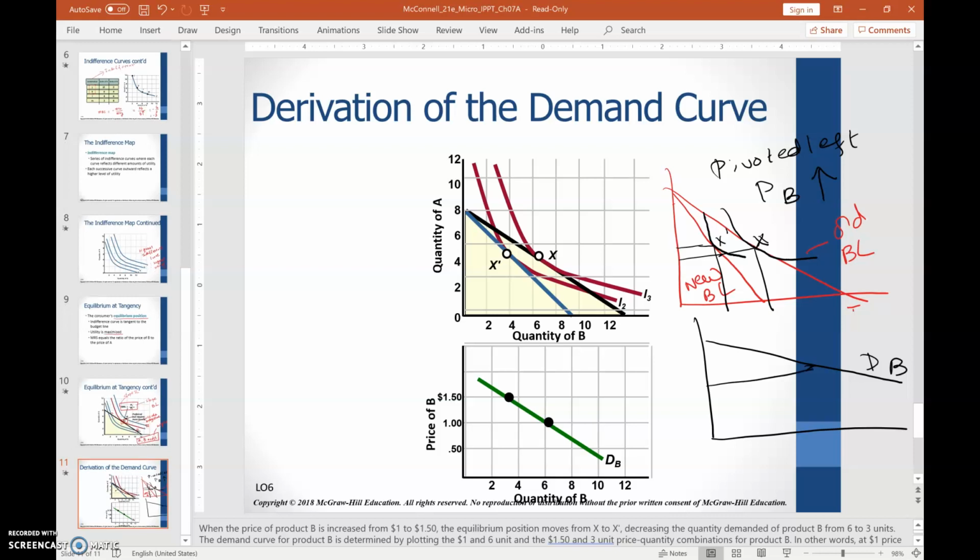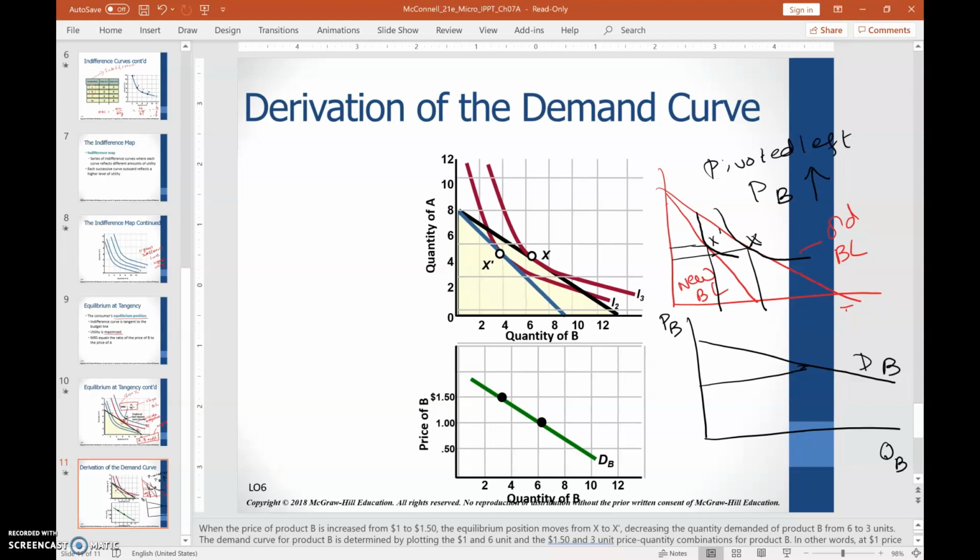So when the price of B was equal to $1, the consumer was purchasing 12 units of B. When the price of B went up from $1 to $2, the consumer was purchasing 6 units of B. So we can relate the budget line to the indifference curve and the demand curve.